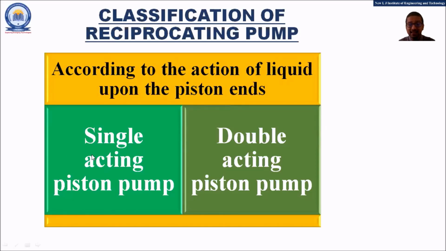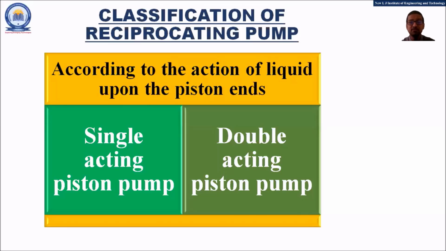In the single acting piston pump, the action of the liquid will be on only one side of the piston. Both the strokes, the suction as well as the delivery strokes, will be taking place on the same side of the piston or on the single side of the piston.